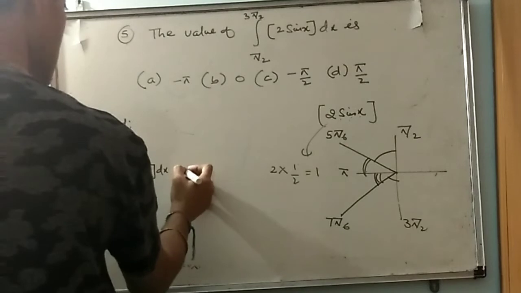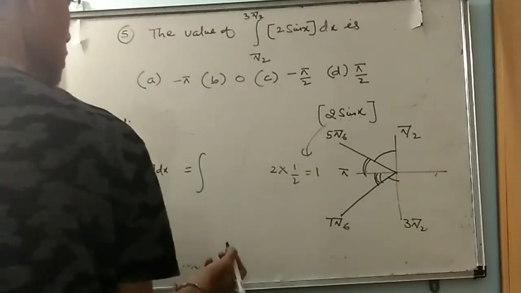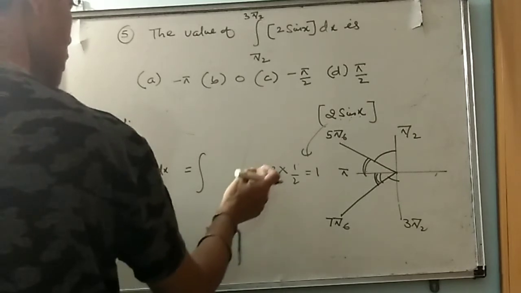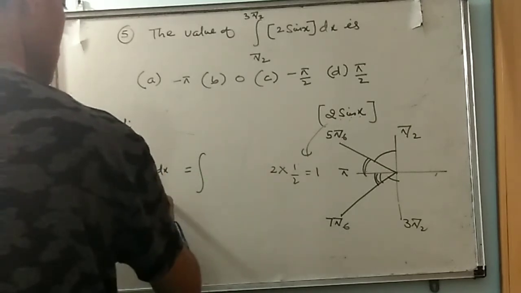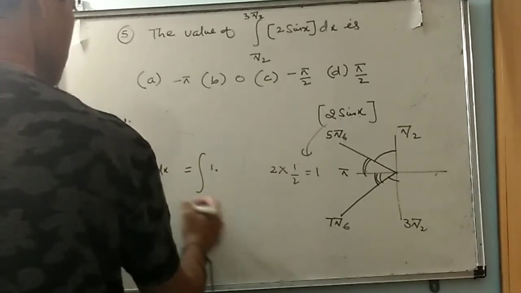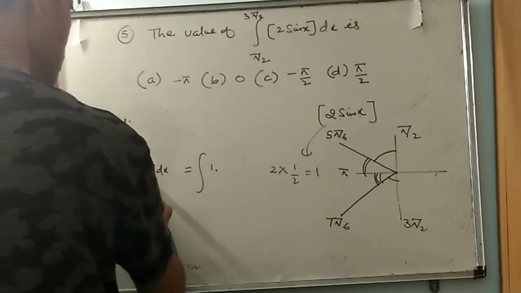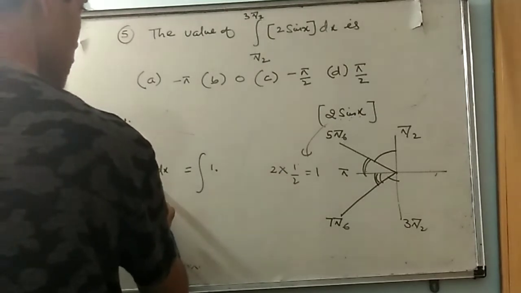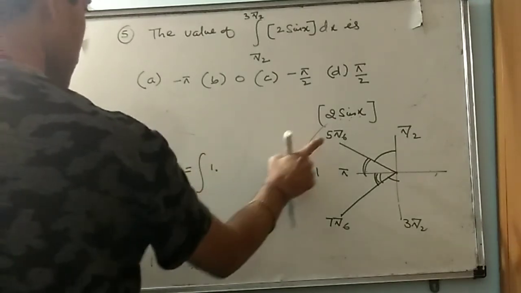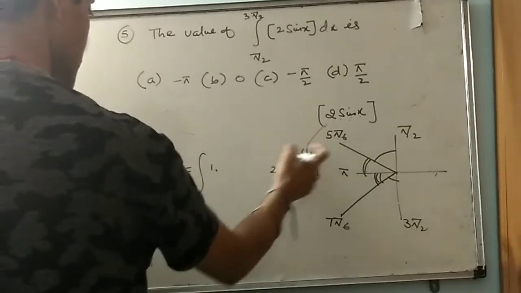This 2 sin x dx will have value, sin pi by 2 is giving us 1 and it becomes 2. So value 2, and the other one is giving 1. The smaller of the two is taken.